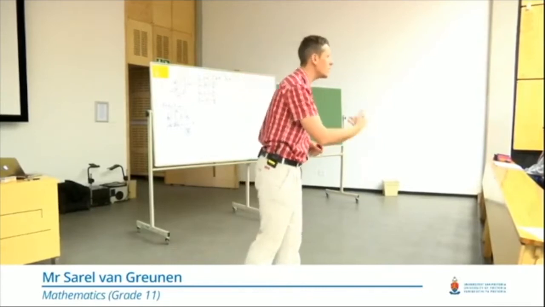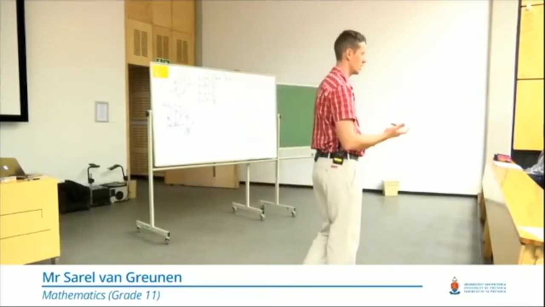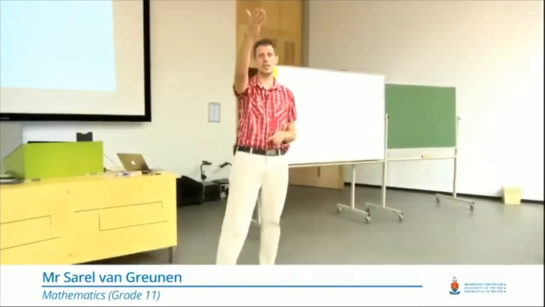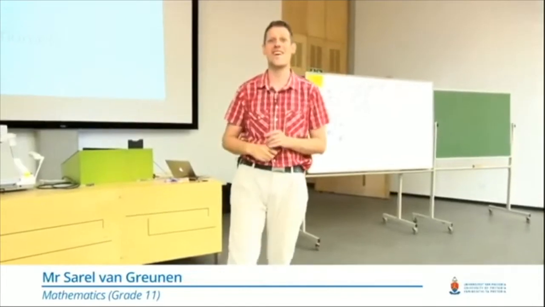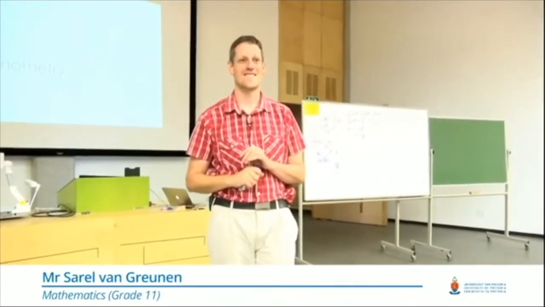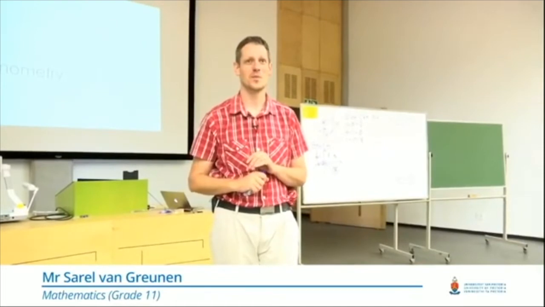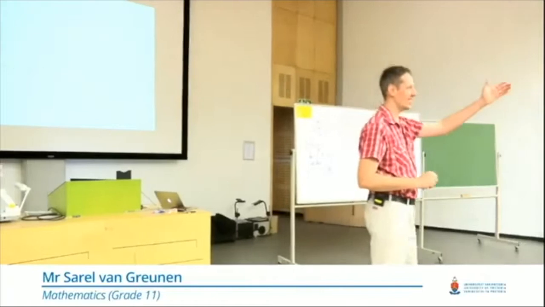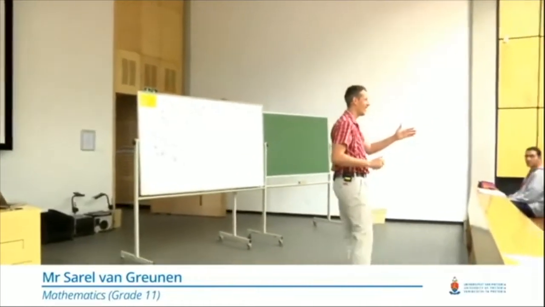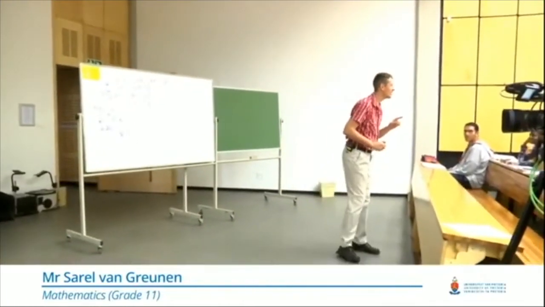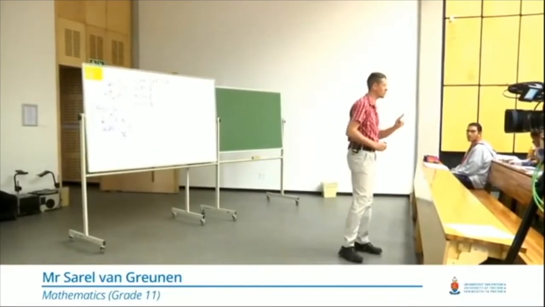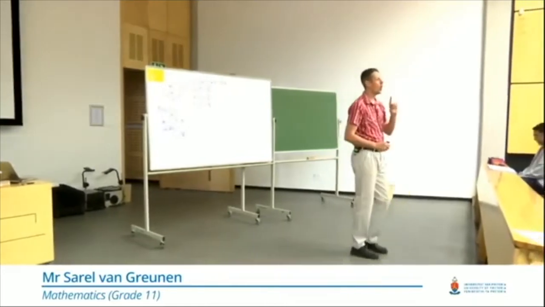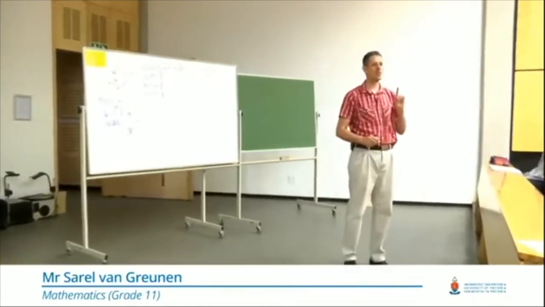Now, what does cofunctions mean? What do you guys there in the back say? What does cofunctions mean? Be careful, it's unfortunately not opposite. What does the word co stand for?